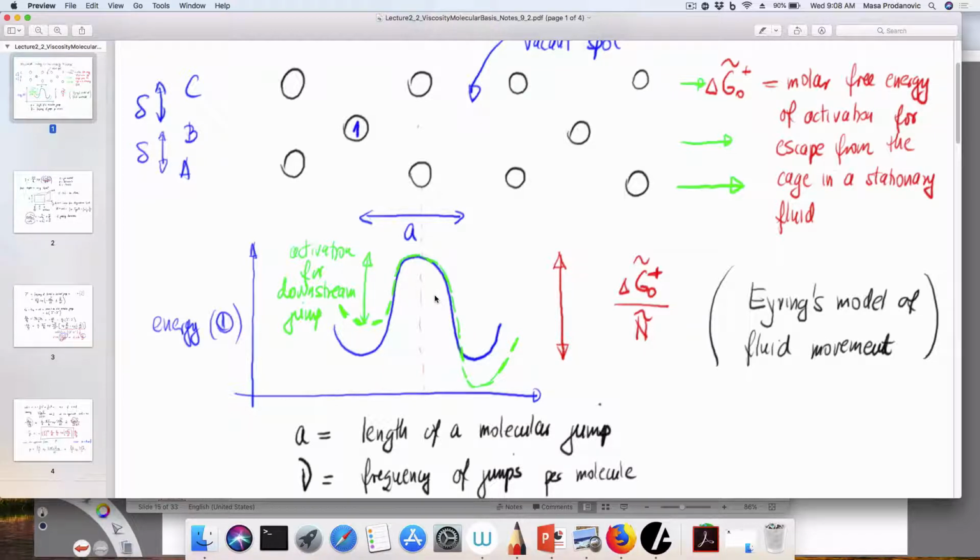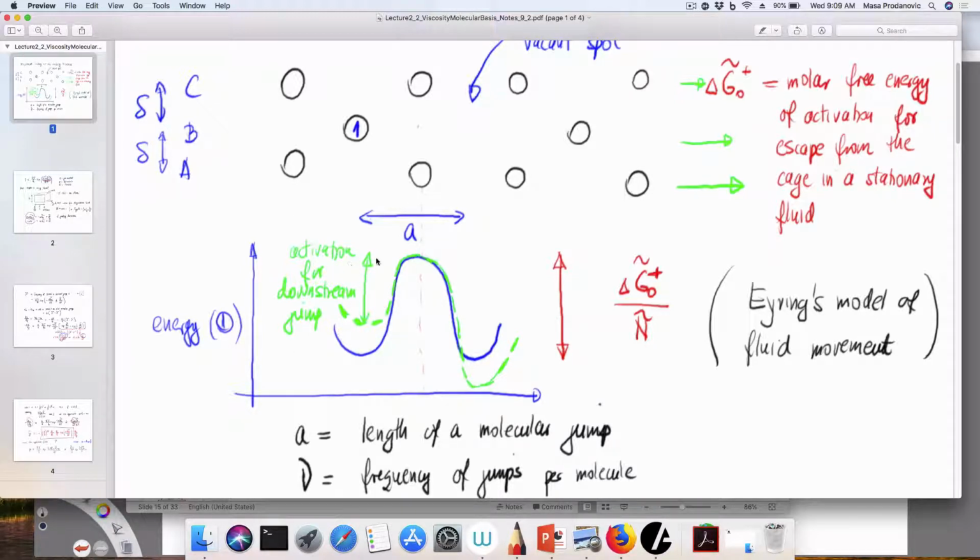So we quantified that, and basically needing less energy to jump downstream is, for this molecule from this position, I now need only this much energy. This is now in green. Let me show on the screen so you have it on the movie.